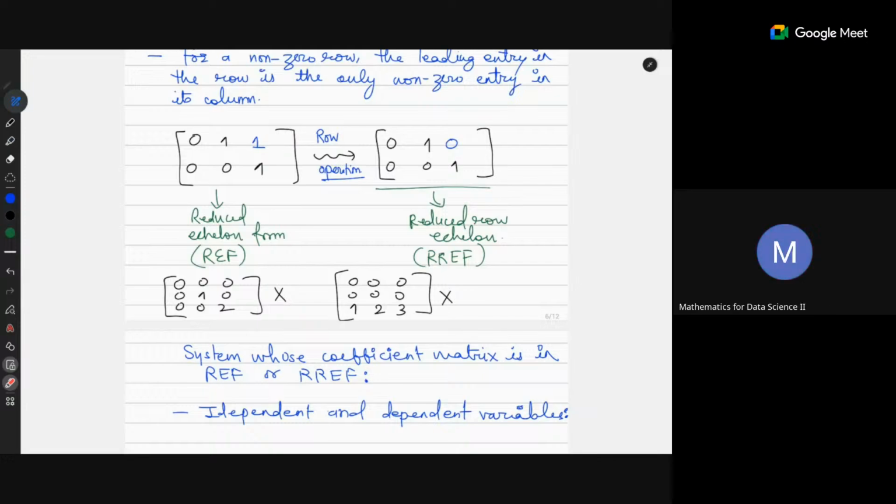Look at this matrix and this matrix. They are not the same. No, I am asking whether reduced echelon form and row echelon form are both the same. Oh, sorry, my bad. It is maybe by the way I have written. The earlier matrix is row echelon form. Sorry, my bad. Thanks, Omar, for pointing this out. Sorry for the confusion, guys.